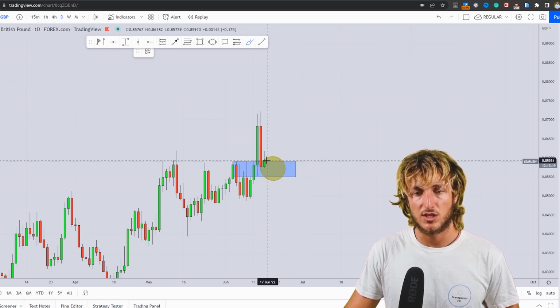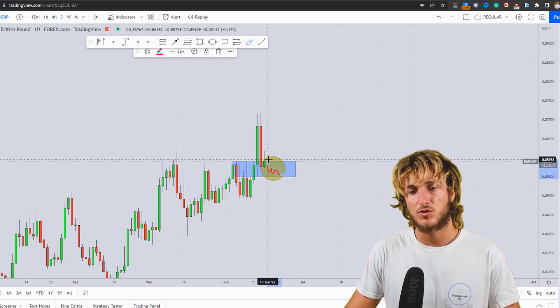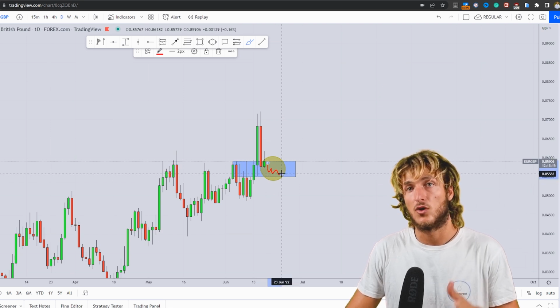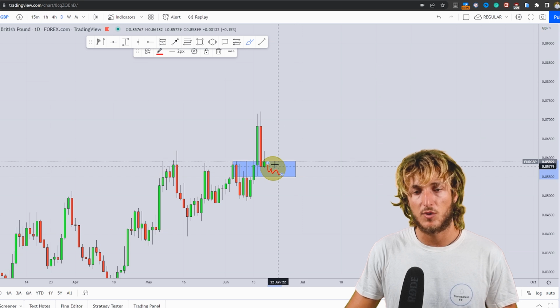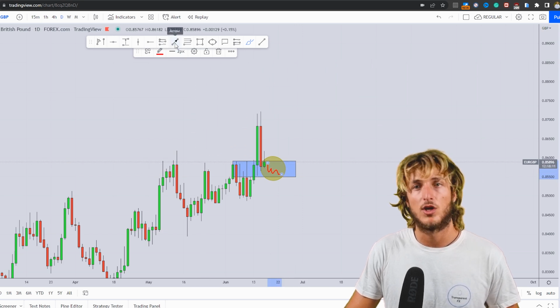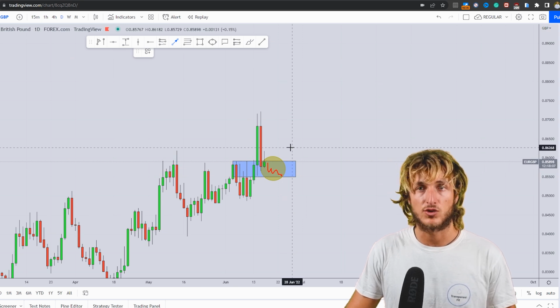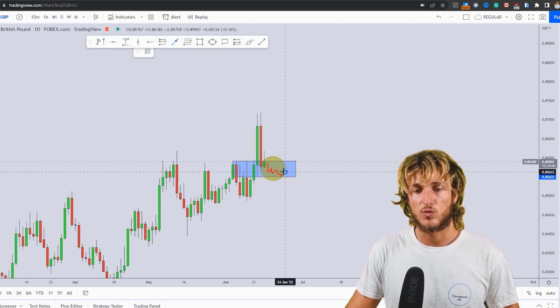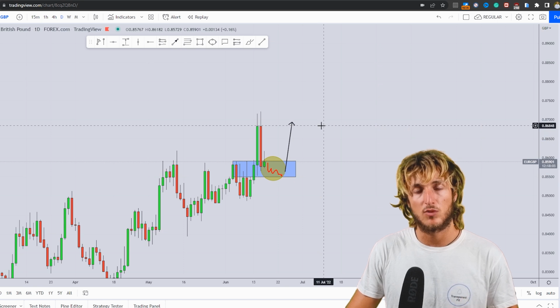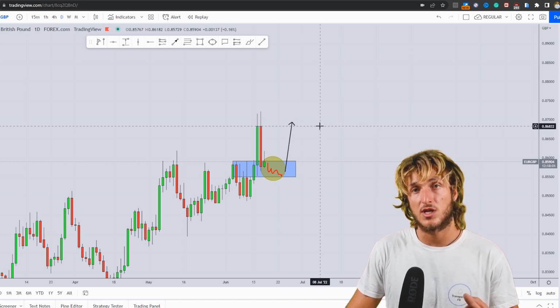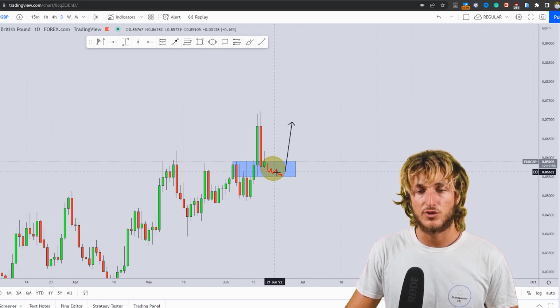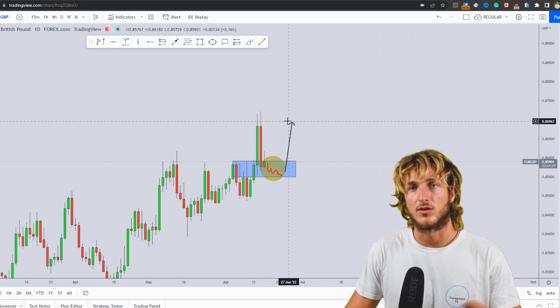Therefore, what we could be doing is monitoring price action from an intraday perspective during this move to the downside, waiting for the market to shift from an intraday bearish market, as we would have, to an intraday bullish market. And if the market shifts from an intraday bearish to a bullish market and provides to us one of our valid entries, at that point we could be looking for a potential rejection to the upside for the market to complete this impulse, correction and impulse pattern to the upside.